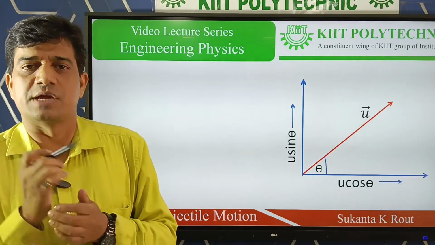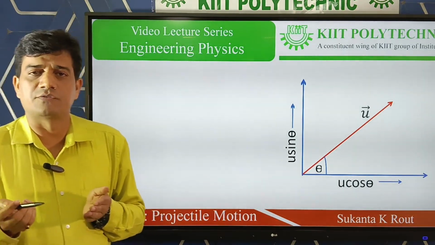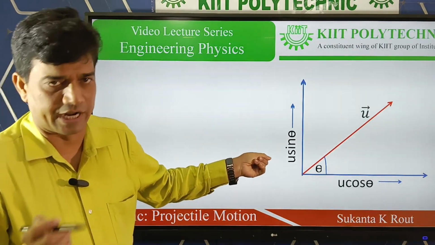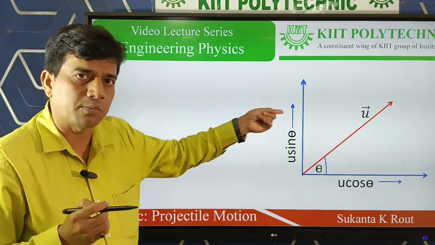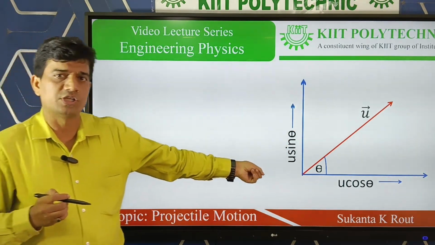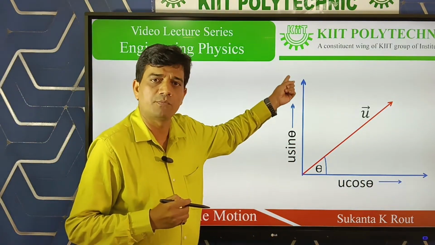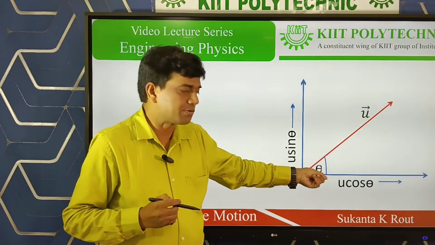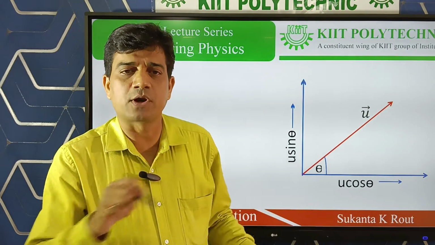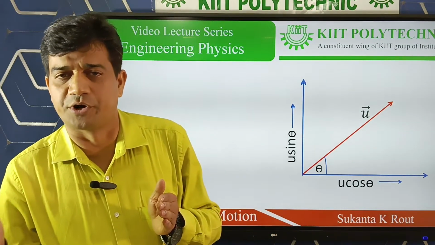let us discuss a body or a projectile thrown with an initial velocity u, making an angle theta with the horizontal. If you resolve that velocity into two components, one is u cos theta along the horizontal and the other is u sin theta along the vertical. u cos theta, being in the horizontal direction, is constant or uniform throughout the motion of that body.